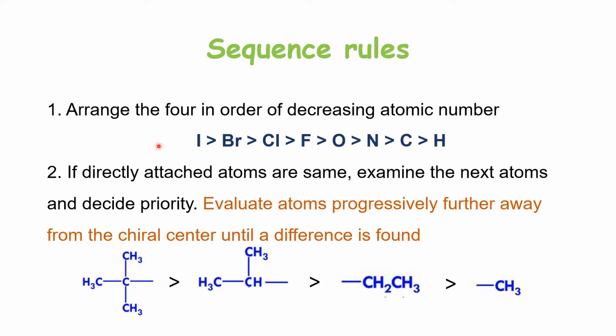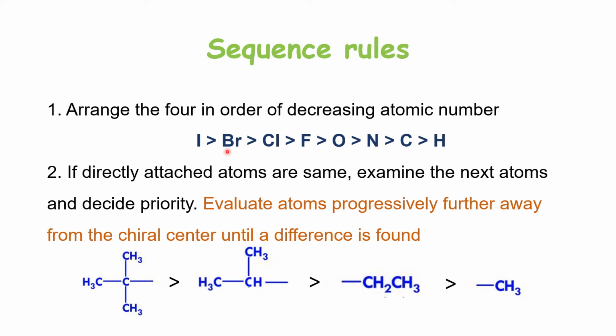So initially you need to see, out of the four groups which are attached, which is the atom directly attached to the carbon, and just see its atomic number and assign the priority with decreasing atomic number.